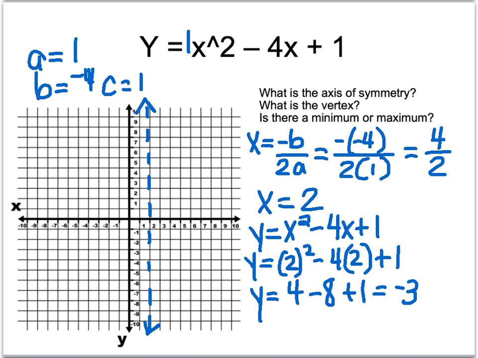Well, if I graphed this parabola, I would have a point here and a point here, and the turning point, or the vertex, I put my x, which is 2, and my y coordinate, which is negative 3, and my turning point is going to be right there. This point is a minimum value.